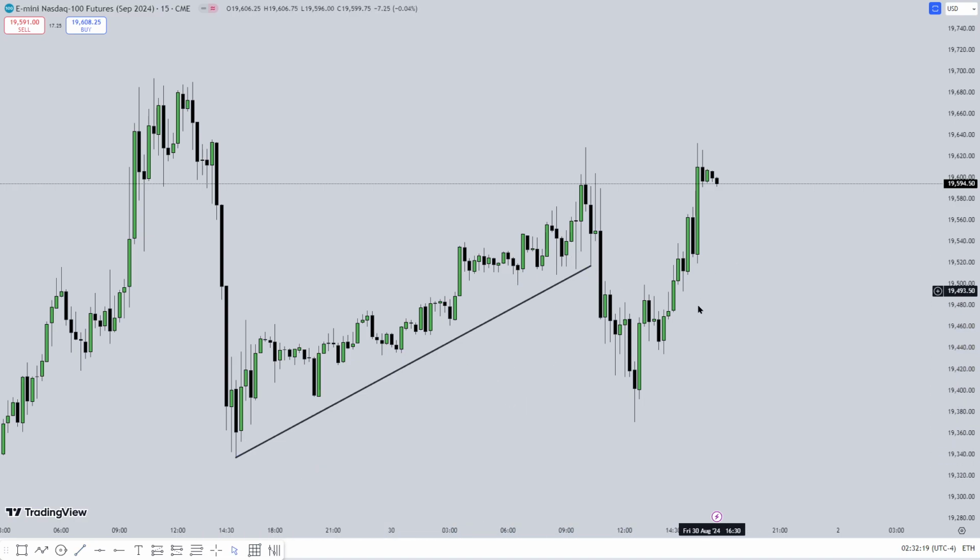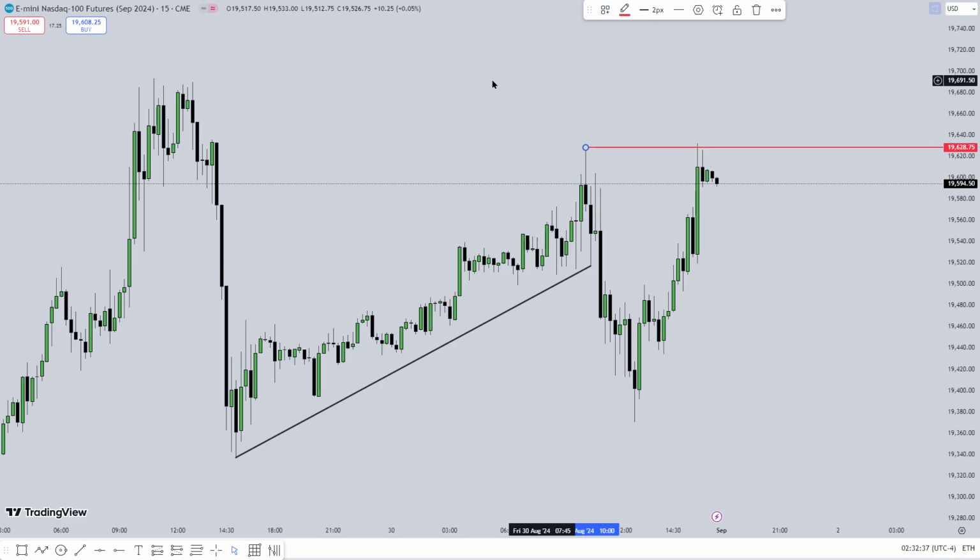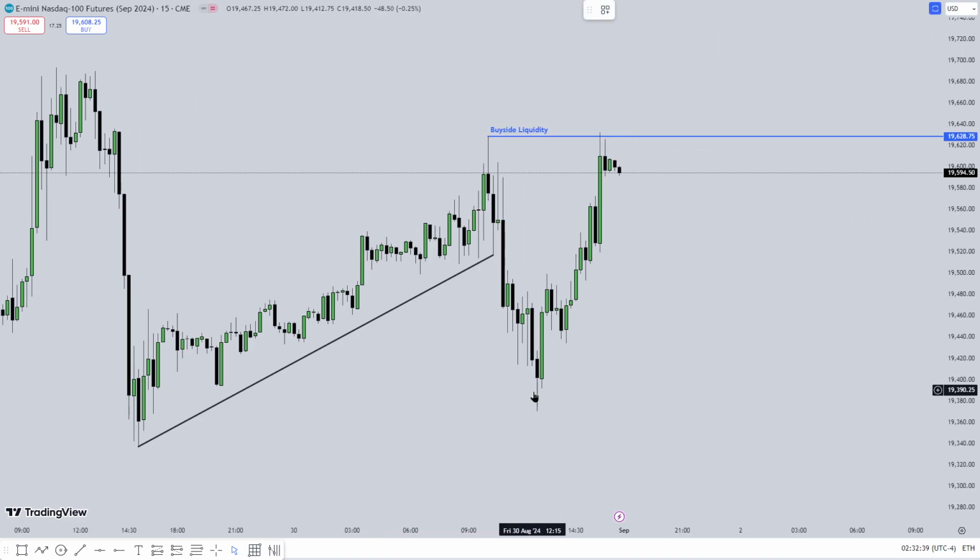When market attacks any side of this liquidity, basically if the trend line is this type of bearish trend line, then when market goes downside after attacking some sell side liquidity, it again with speed attacks the buy side liquidity. So retail people shorted here, they got stuck and then market went to long.